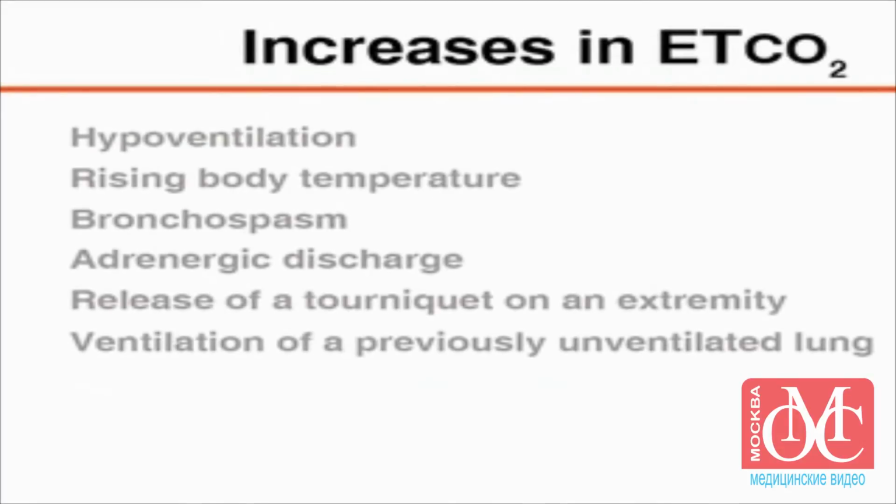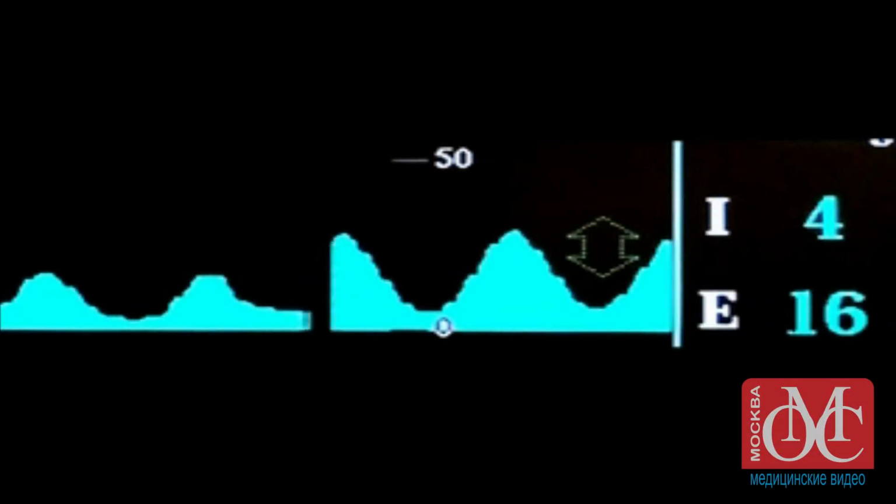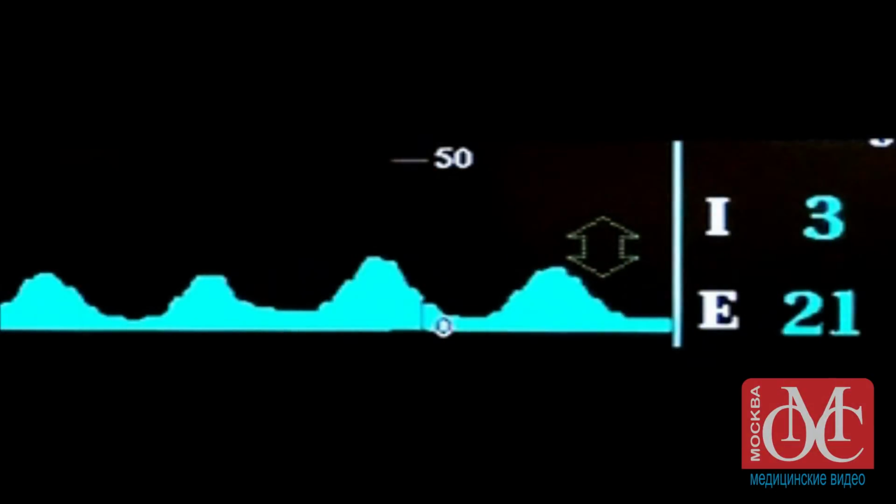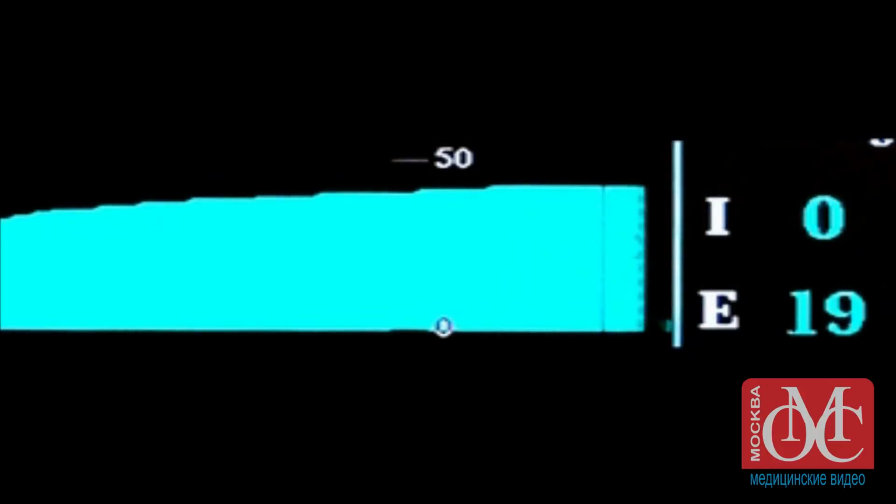Increases in EtCO2 can result from hypoventilation, rising body temperature, bronchospasm, adrenergic discharge, release of a tourniquet on an extremity, or ventilation of a previously unventilated lung. Shallow breathing transiently lowers EtCO2 because of dead space ventilation, but EtCO2 rises again when full gas exchange occurs.